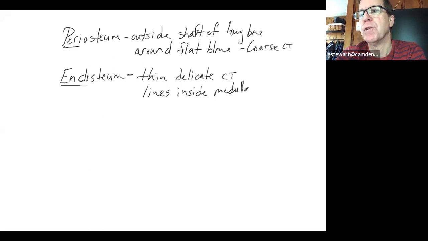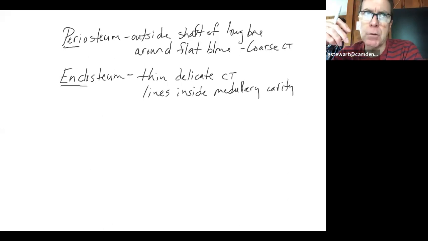There's two L's in medullary. I always tell students this endosteal tissue is sort of like the lining of the inside of a soup can. It's super thin. It's a coating on the inside of the medullary cavity. That takes care of our language for now.